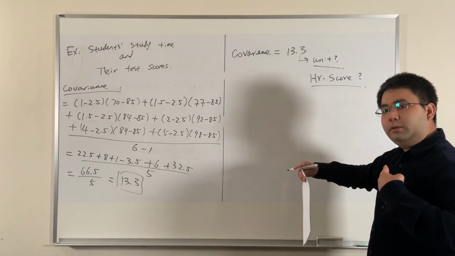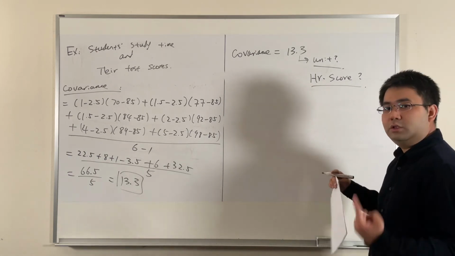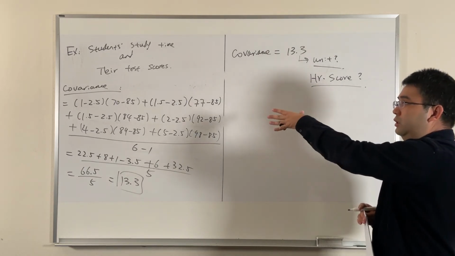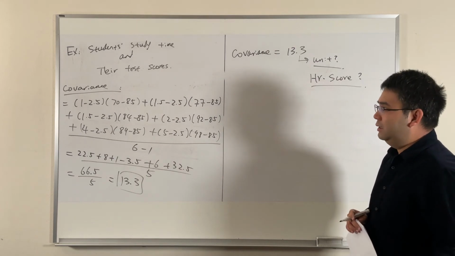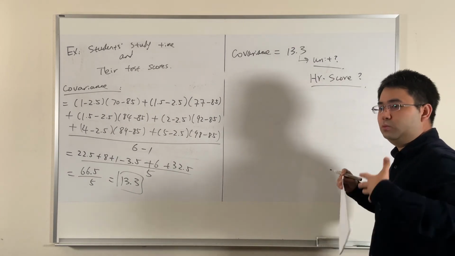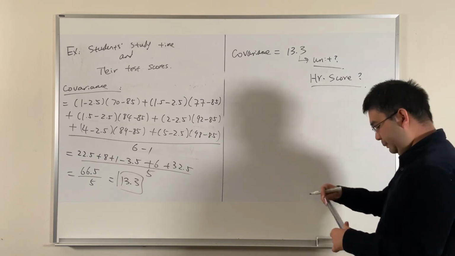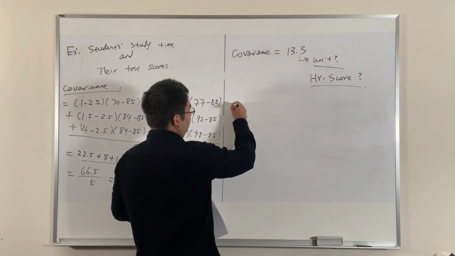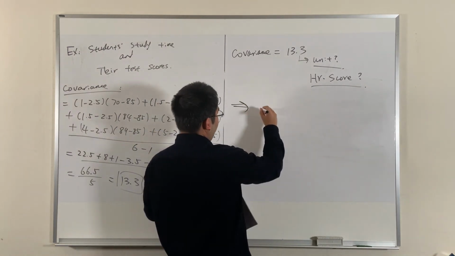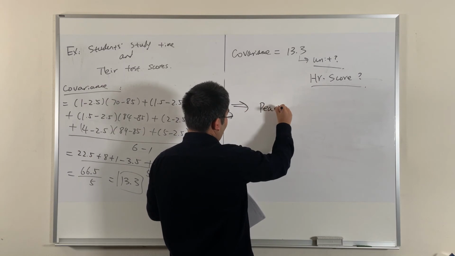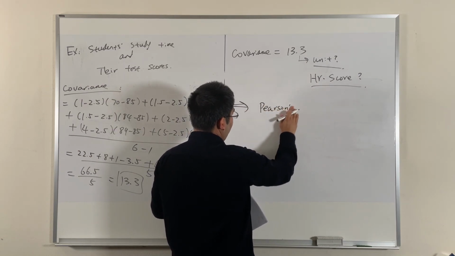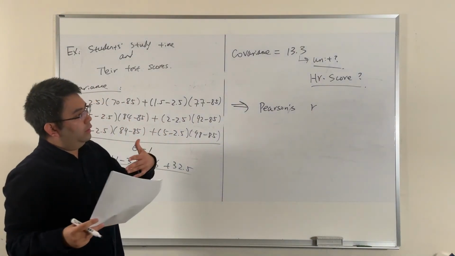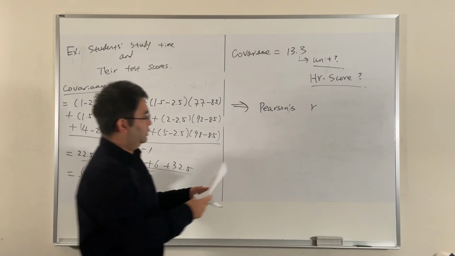And at that point, it's really hard to compare whether the correlation for this set of variables is higher than another set, because we don't have the same unit. Okay, but this is okay. Then we're going to use the concept of Pearson's r. Okay, so Pearson's r, or another name for this is correlation.